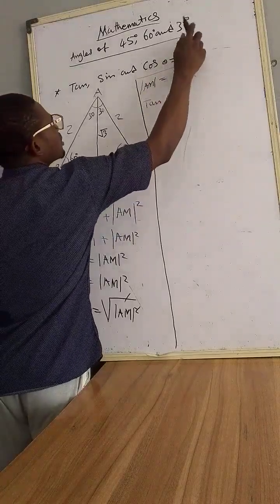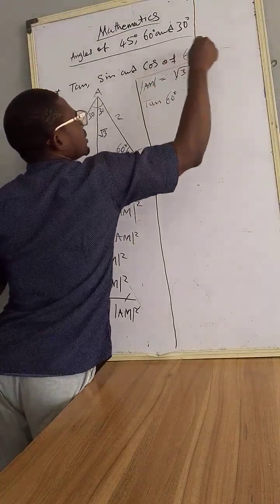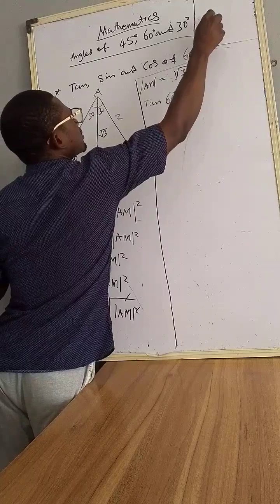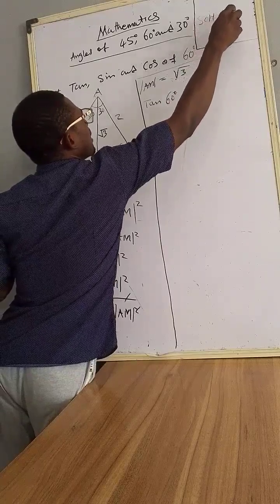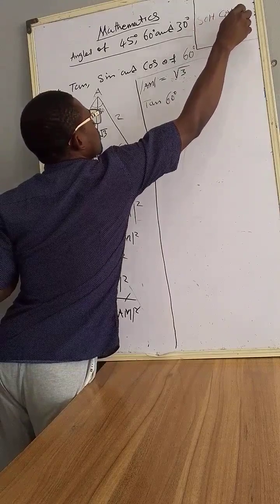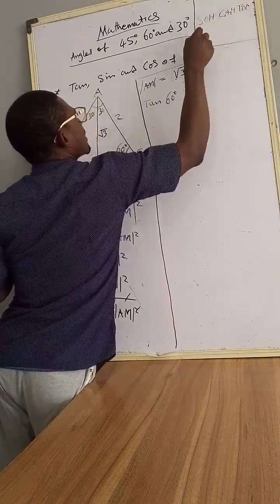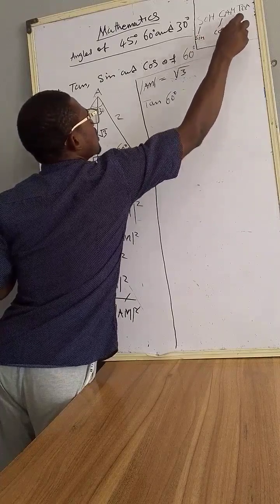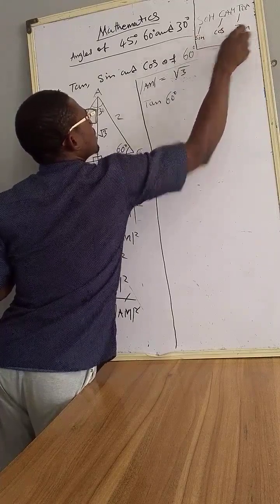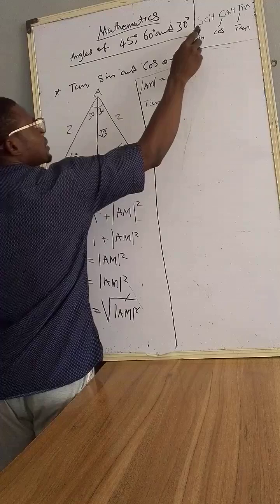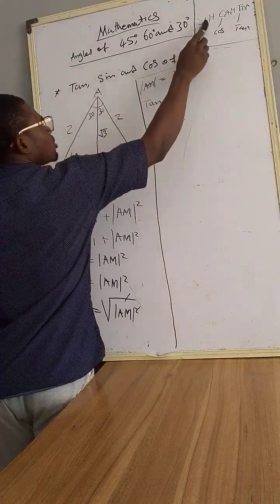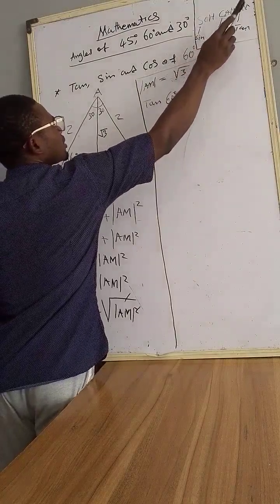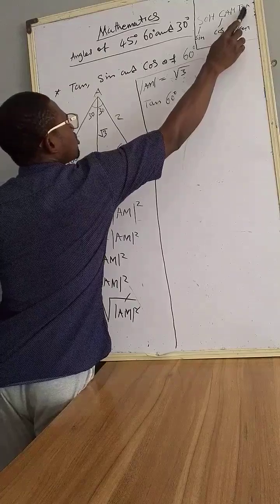Tan is opposite over adjacent. Do you remember SOHCAHTOA? Let me write it here. Here is sine, here is cos, and here is tan. Telling us that sine is opposite over hypotenuse, cos is adjacent over hypotenuse, tan is opposite over adjacent.